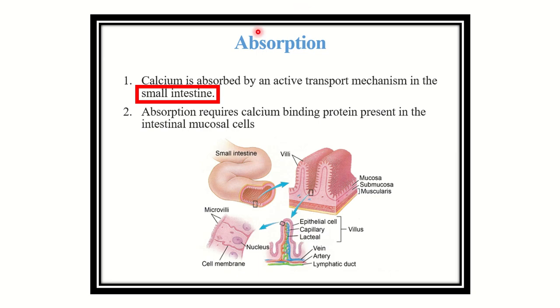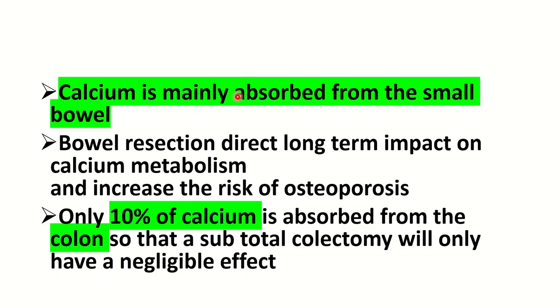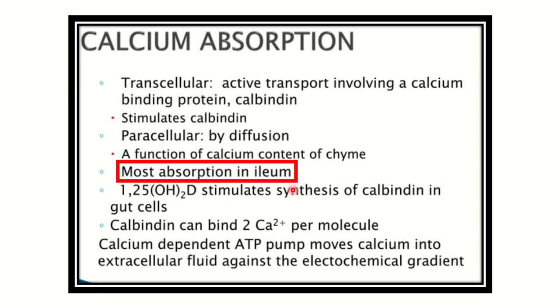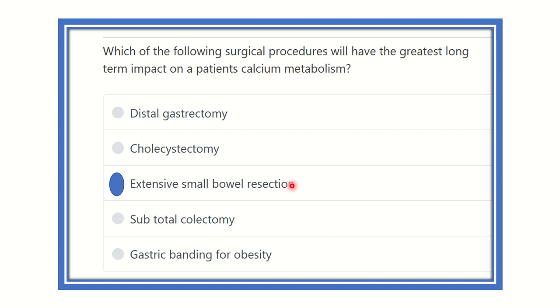And here we can see calcium is absorbed by an active transport mechanism in the small intestine, and most of it in the ileum. Here we can see these are in the ileum.